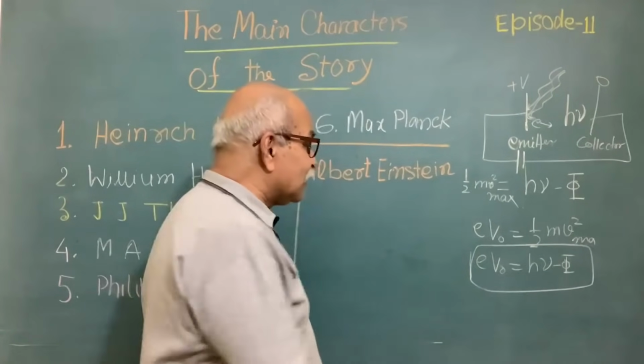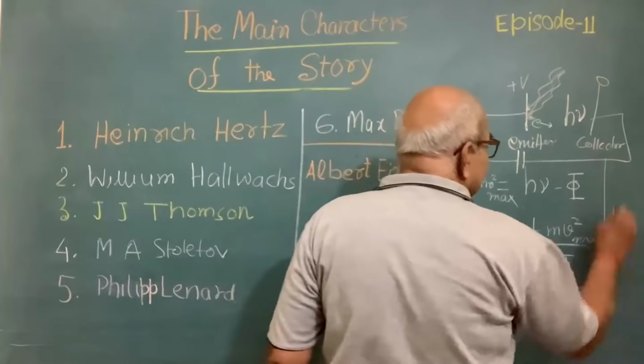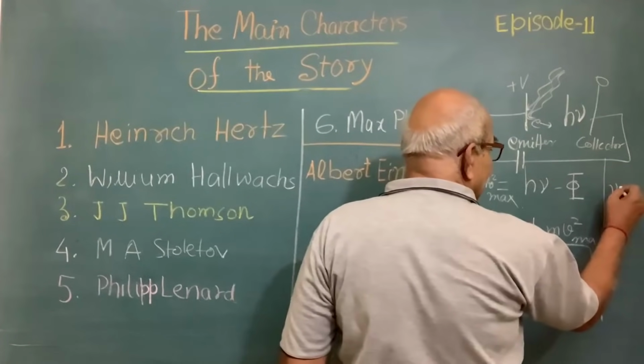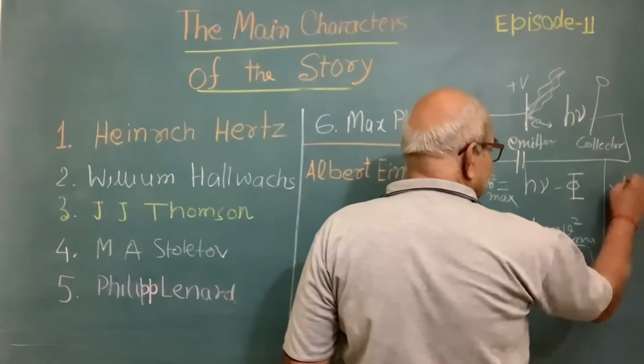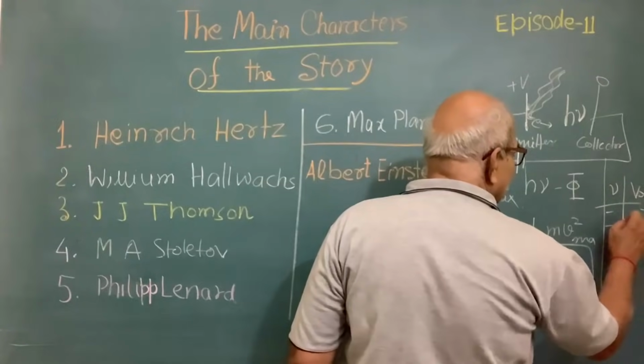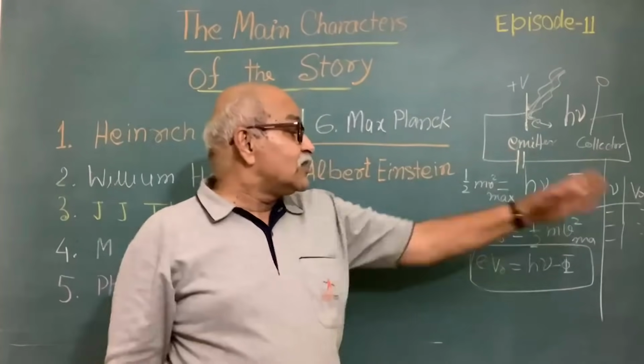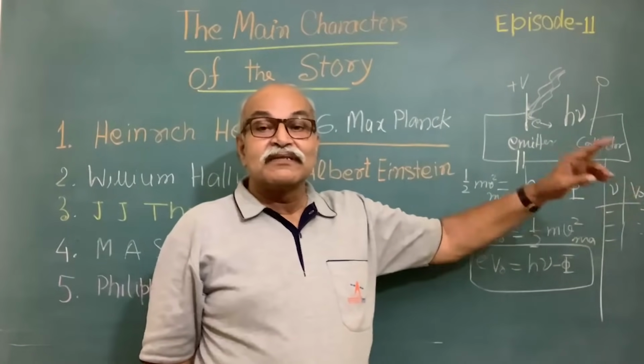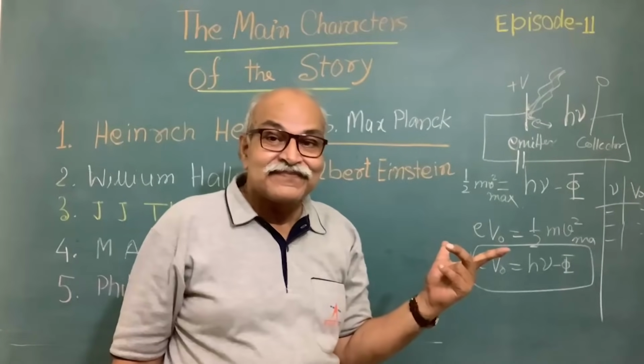So there is a table with nu and V naught. If someone does this experiment, what should the person find?